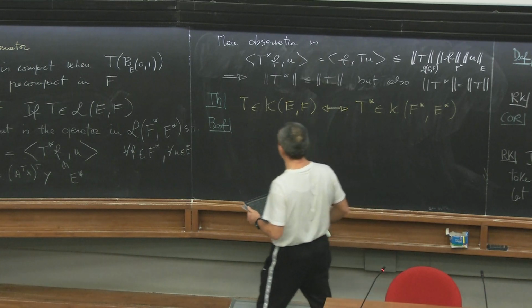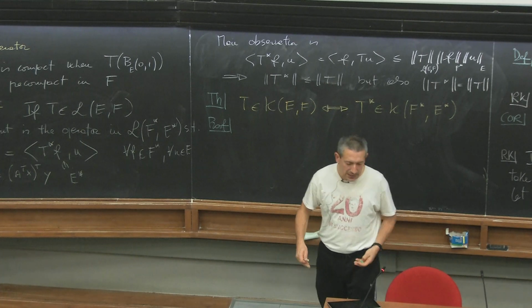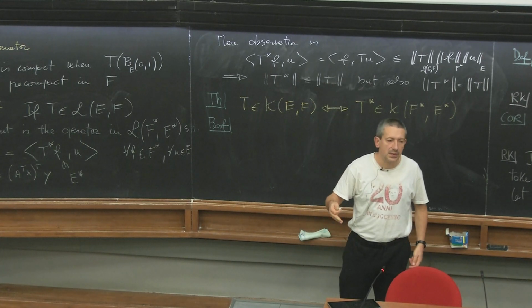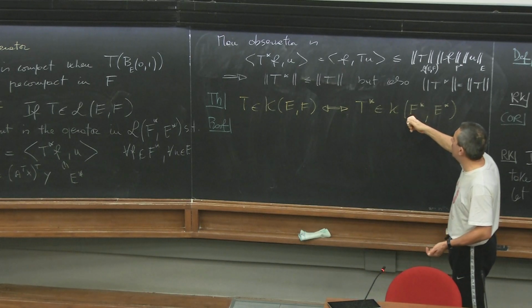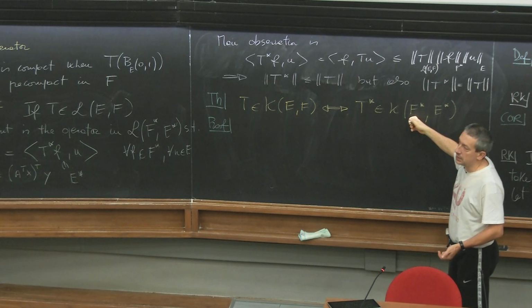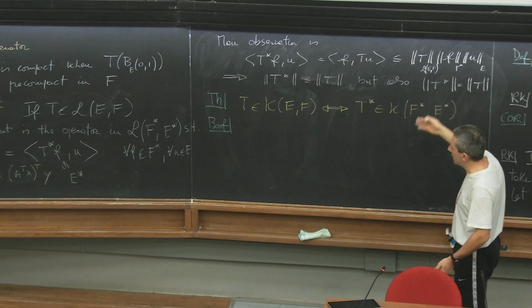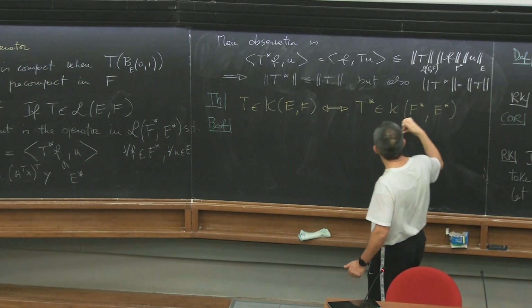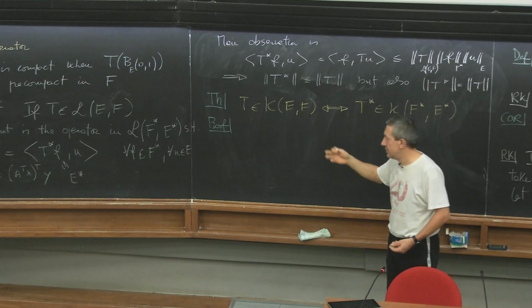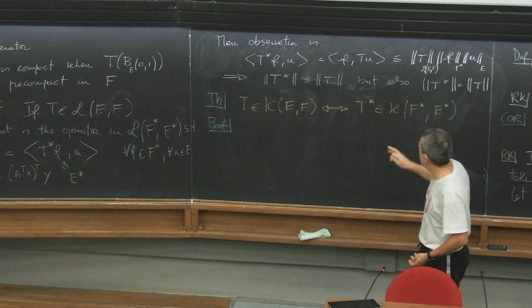Essentially we have to prove that a sequence in the unit ball of F star has a subsequence whose images converge to some vector in E star, in the dual.